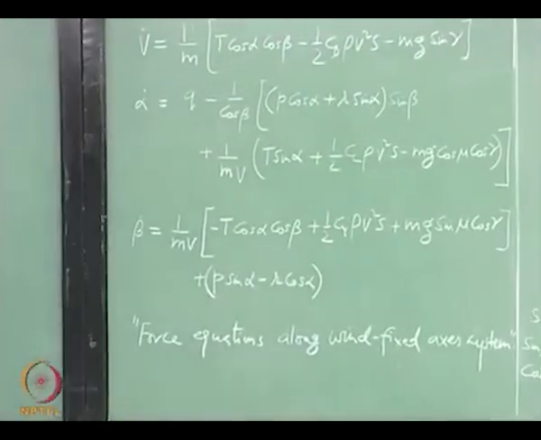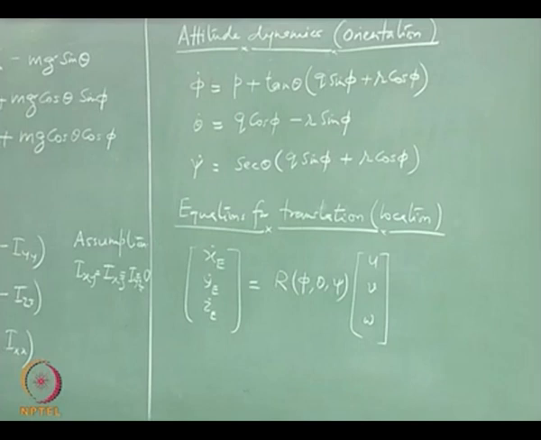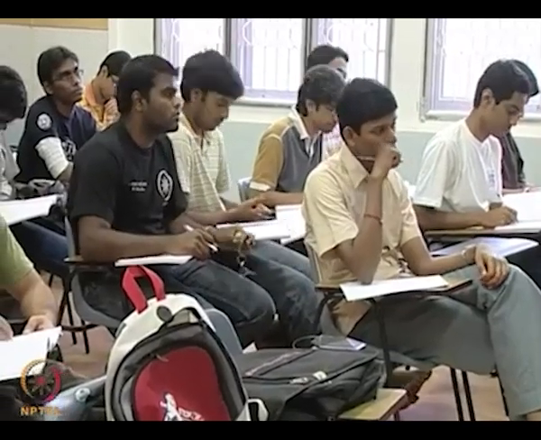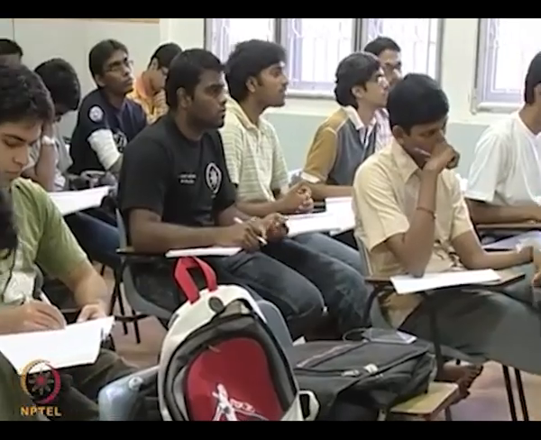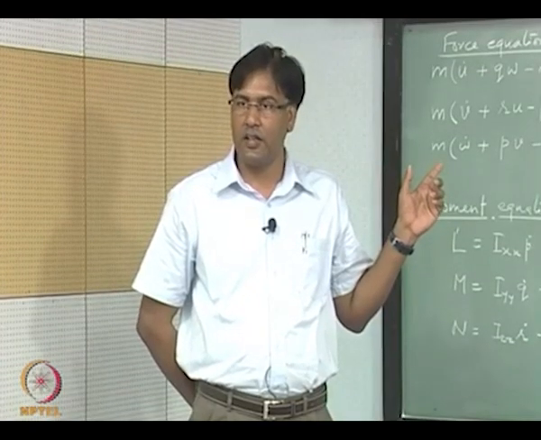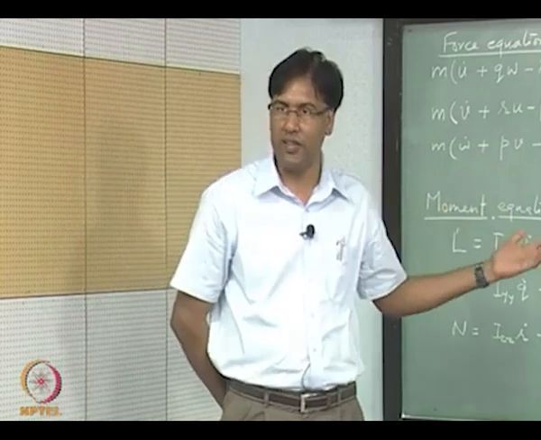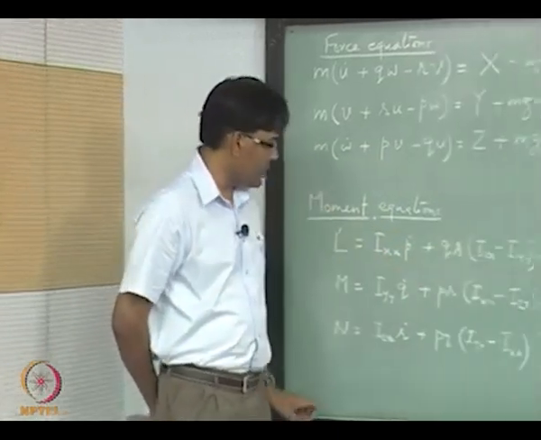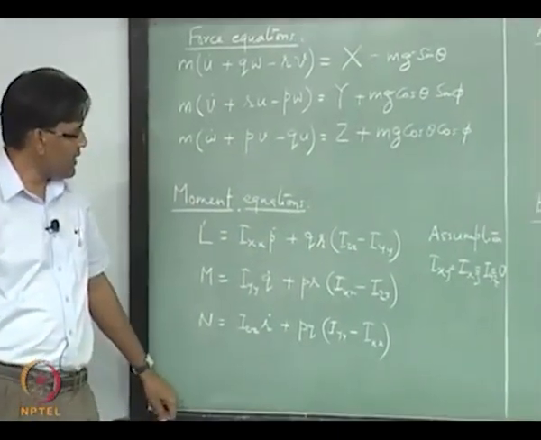Anything else you notice in these equations? See, we are trying to look at stability, dynamic stability of the aircraft through these equations, right, isn't it? That is our objective. So is there anything that you notice?